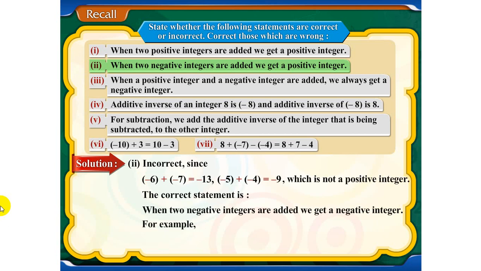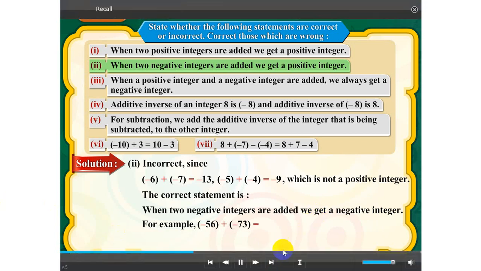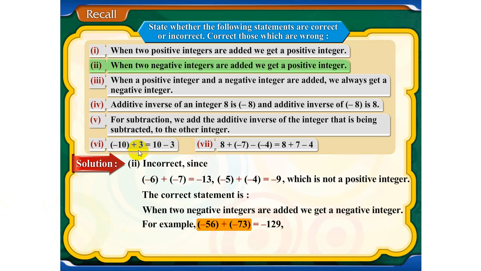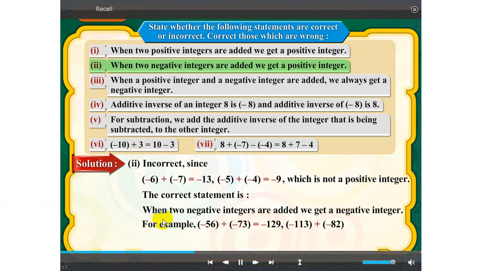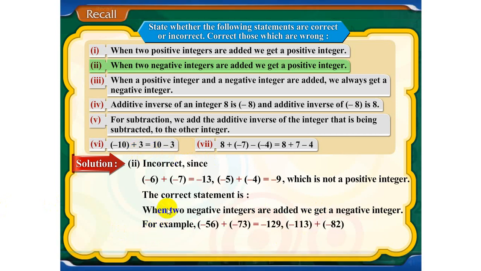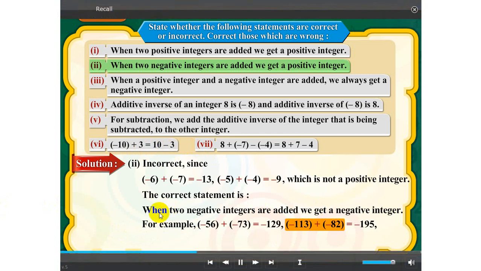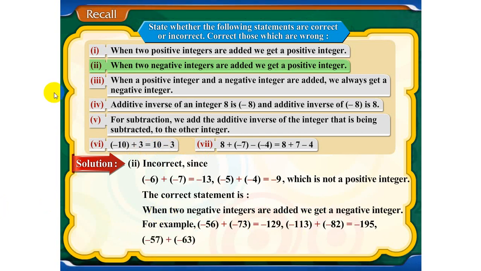For example, negative 56 plus negative 73 is equal to negative 129. Negative 113 plus negative 82 is equal to negative 195. Negative 57 plus negative 63 is equal to negative 120.